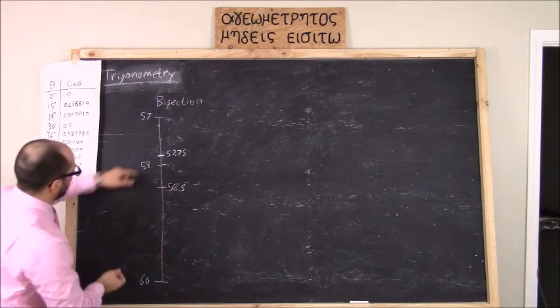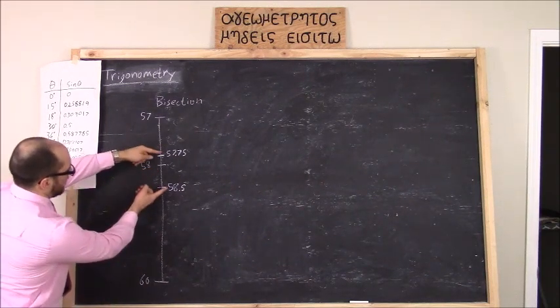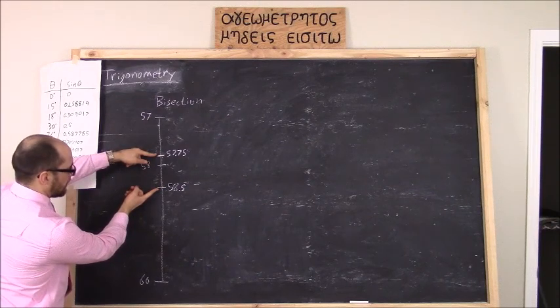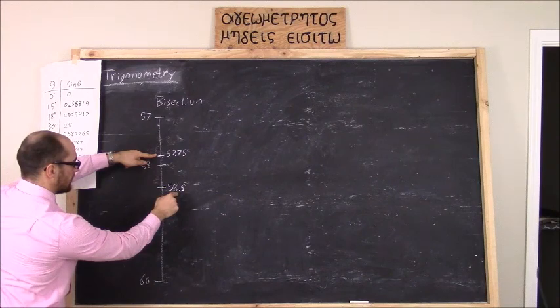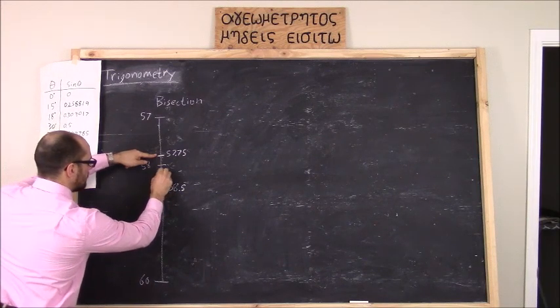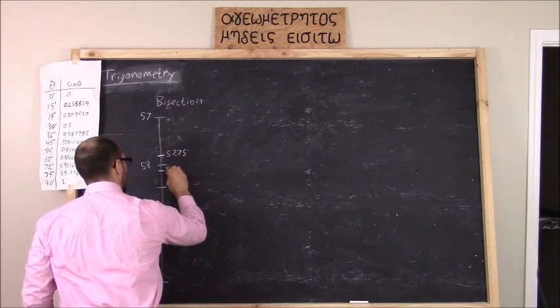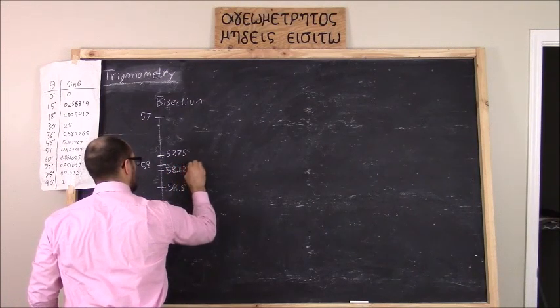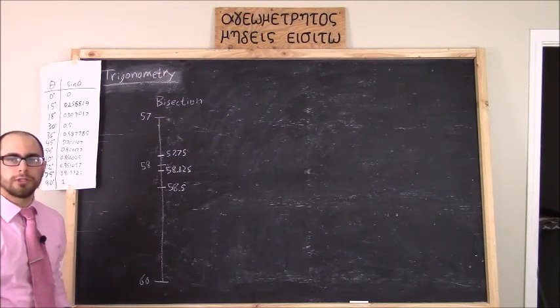Now, we're closer still to our target of 58. And I have a new region that I can cut in half. So halfway between this number and this number, add them up, divide by 2, and we get 58.125. So notice we're getting closer and closer each step.